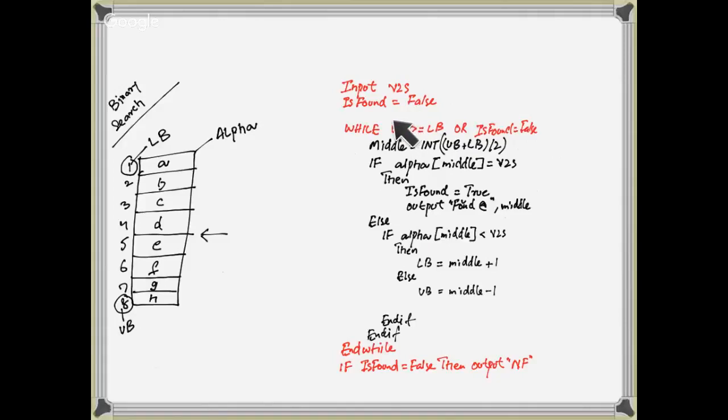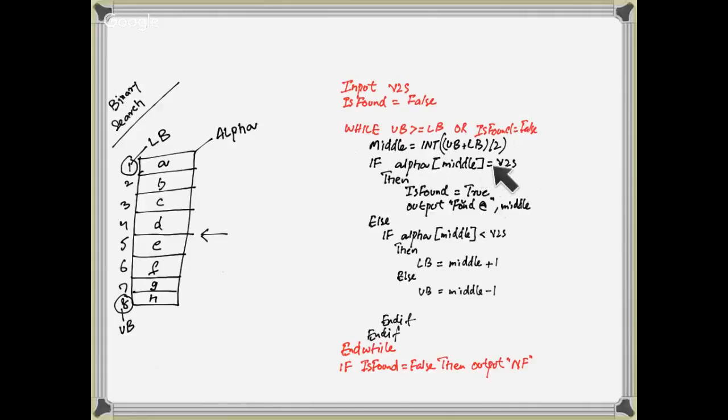If we don't do it, even after searching, it will go on until upper bound is no more greater than lower bound. Middle, this time I calculated middle by upper bound plus lower bound divided by 2, integer applied. By applying integer, we mean here to shed off any decimal part.